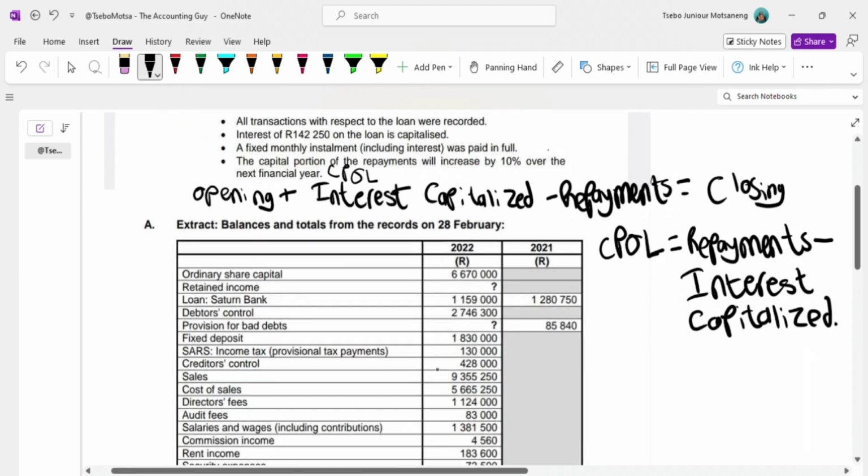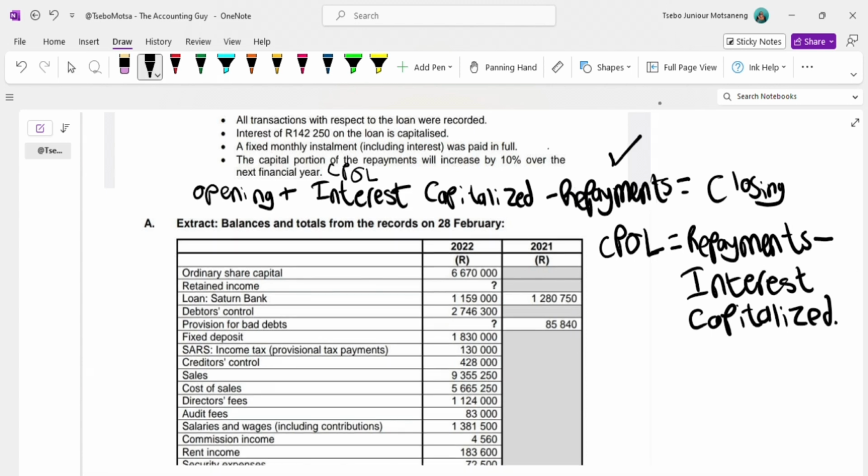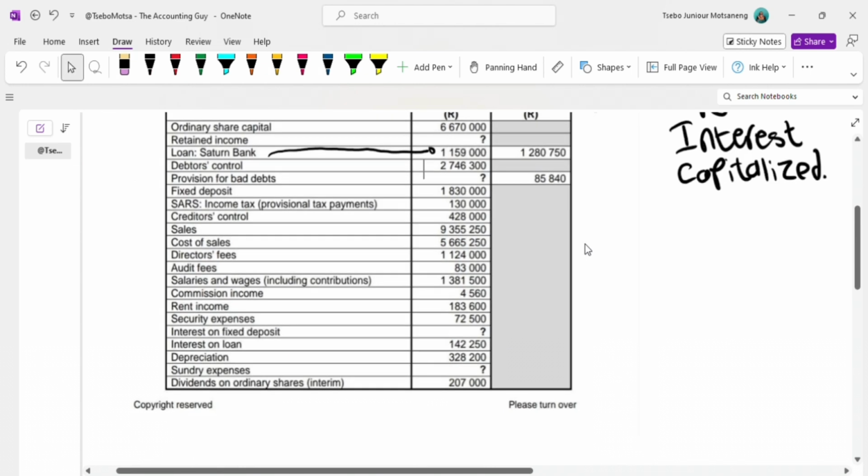So already, as you can see, we now need to find our repayments, right? Because we haven't been given an amount for repayments. So we'll use this first equation that I have made. Looking at my balances, I have my opening balance to be 1,280,750.